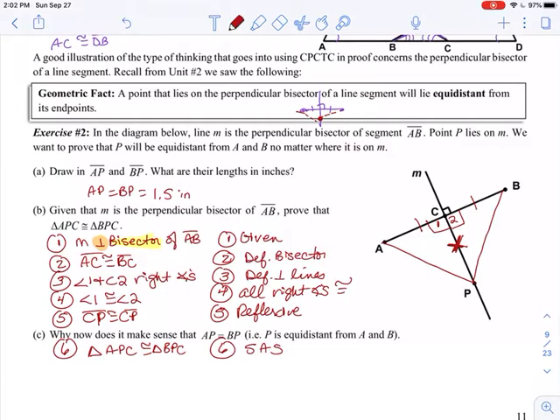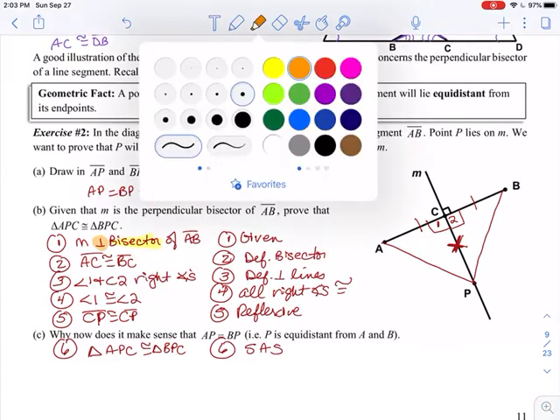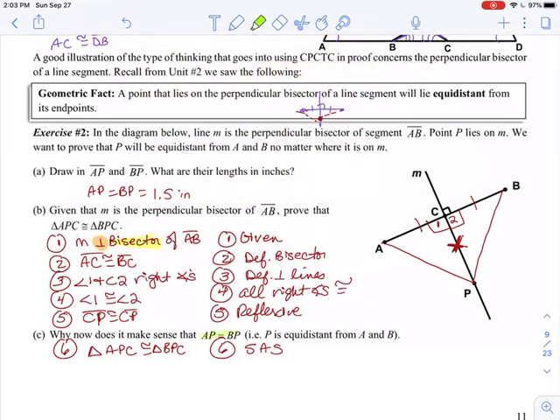Now, once the triangles are congruent to each other, that means all of the rest of the corresponding sides and the rest of the corresponding angles that I haven't proven yet also have to be true. All right, they also have to be congruent. So part C says, why does it now make sense that AP is congruent or equal to BP? So AP is equal to BP. AP is right here, and BP is right there.